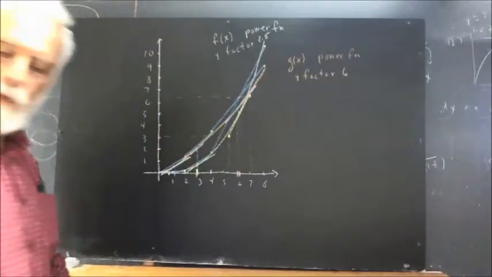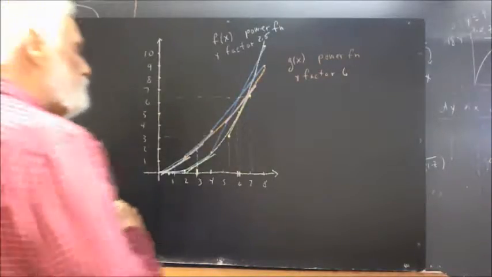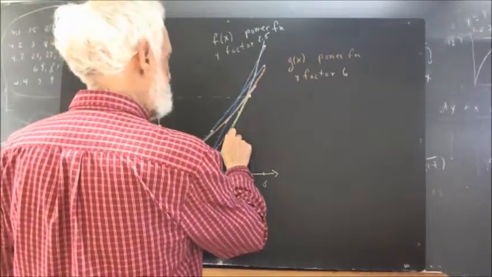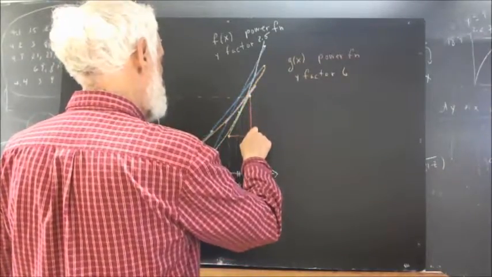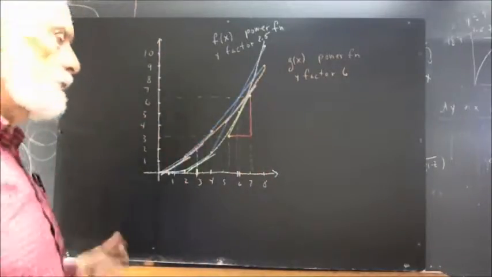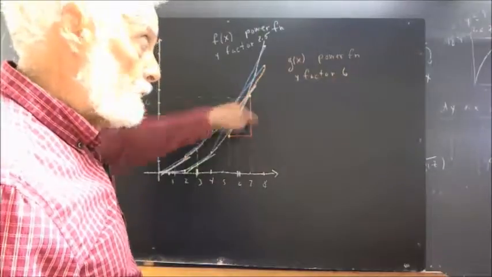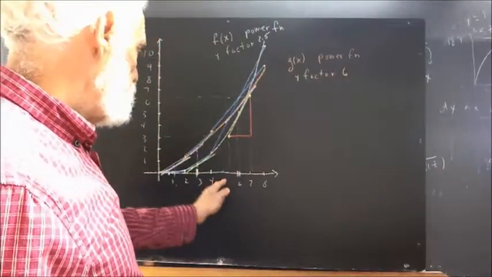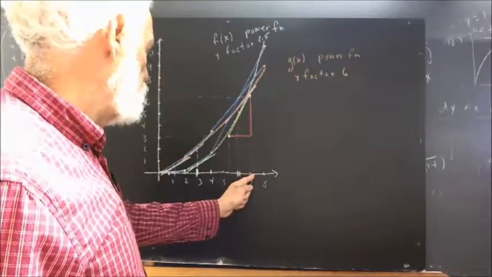To get the slope of the tangent line, I'm going to use a different color, one I haven't used, let's use red. The slope of the tangent line, as you should know, is rise divided by run. The rise is this side of the triangle, the run is this side. This looks like about 5.3, this looks like about 7.1.